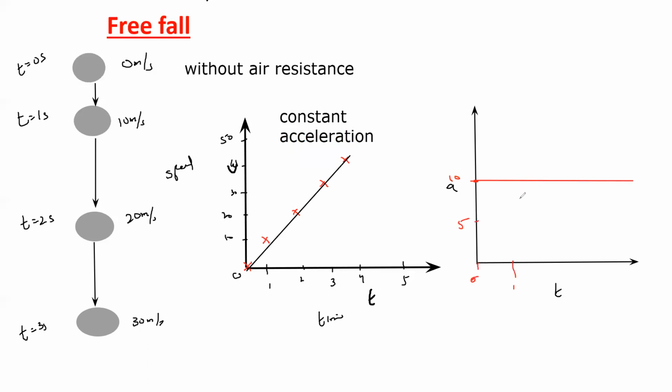So after 1 second it will be 10, after 2 seconds 10, after 3 seconds 10, after 4 seconds 10. That's why it will be a horizontal line for the acceleration time graph. This is the acceleration and time graph, and the previous one was a speed time graph or velocity time graph. Is it clear? The graph for falling objects without air resistance. Any doubt till this point?